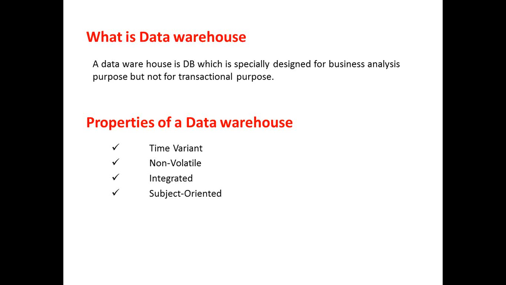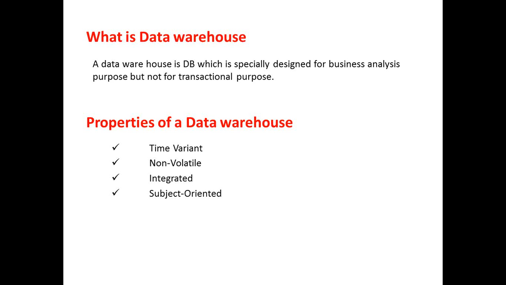For example, take a bank. When we create a bank account, my address is Bangalore. After some time, I want to change from Bangalore to some other location like Mumbai. So I go to the bank and ask the bank people to change the address, right?